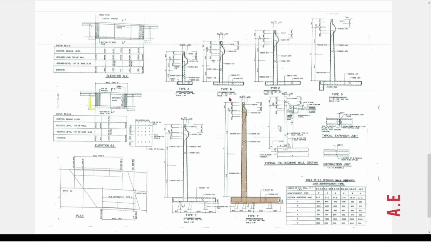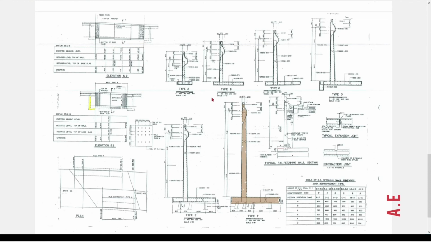If you can see, there are different types of footings for this wall. These details were based on the height of the wall as well as the ground conditions.